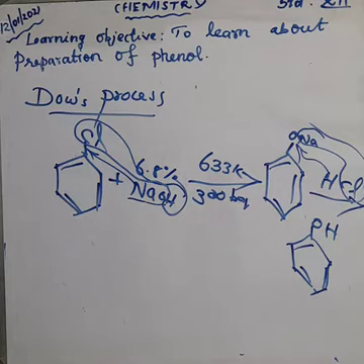We get sodium phenoxide, C6H5ONa, followed by acid hydrolysis. We get phenol plus sodium chloride. This is the preparation of phenol by Dow's process.